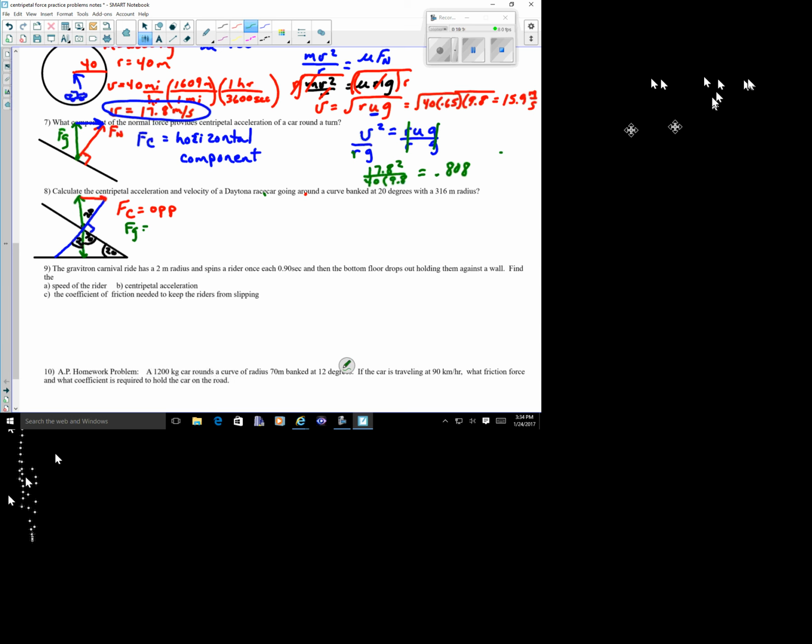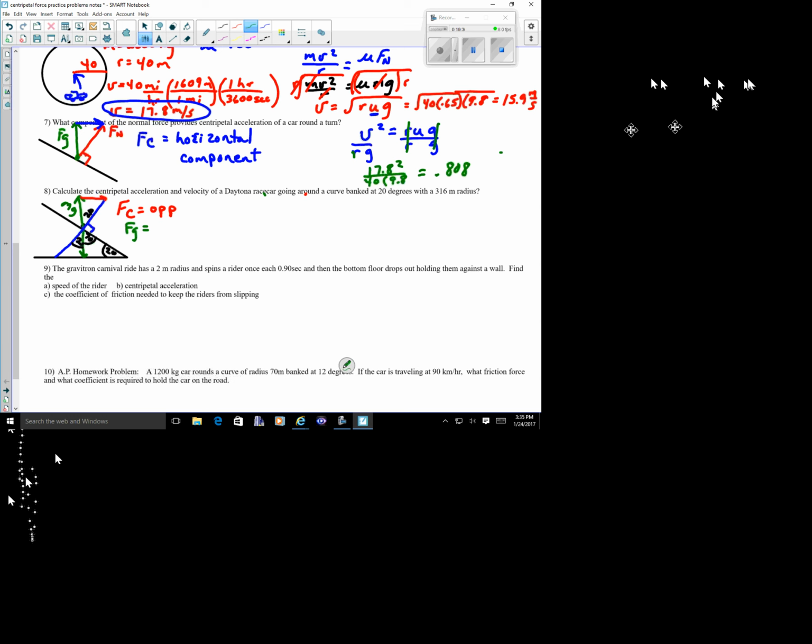And the way you find the green side is by simply taking the... sorry about that, the computer's locking up. The mass times gravity is going to be the green side, and I want to find the opposite side. Well, think about what you have here. You have the adjacent side, which is green.